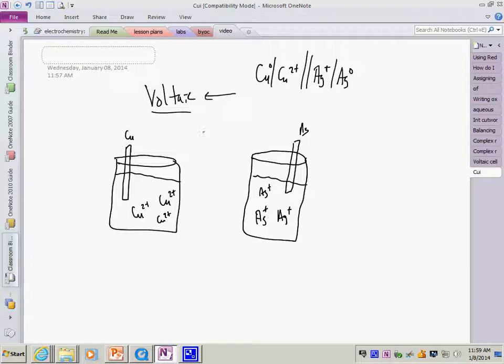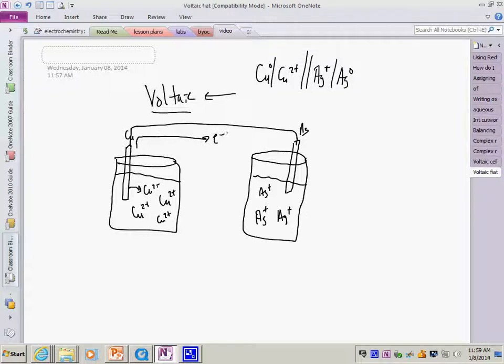Hook the two together with a wire. Again, the exchange is going to happen across a wire rather than right on the actual surface. Now at this point nothing will actually occur, or maybe a very small amount, as a copper metal jumps off, forming copper 2+ ions, the electrons are going to flow in this direction.